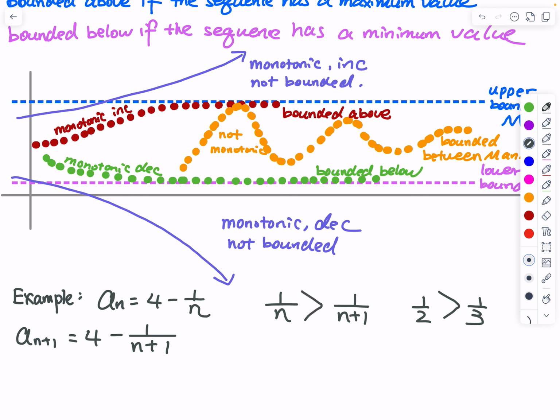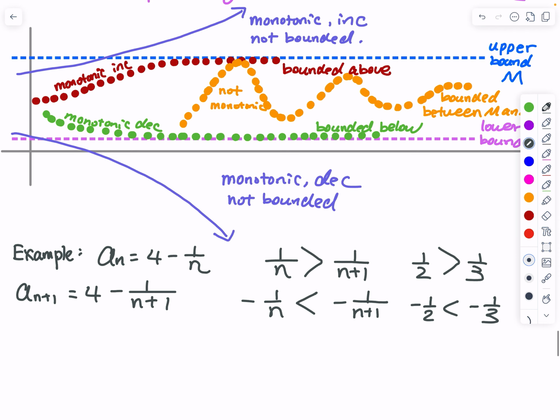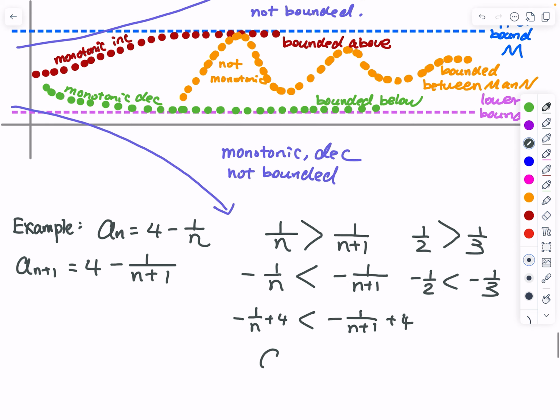If you multiply both sides by negative, you have to reverse the inequality symbol, so negative 1 half is less than negative 1 third. And then we add 4 to both sides. There is no need to switch the sign because you add the same quantity on both sides. So that tells me the current term is less than the next term.